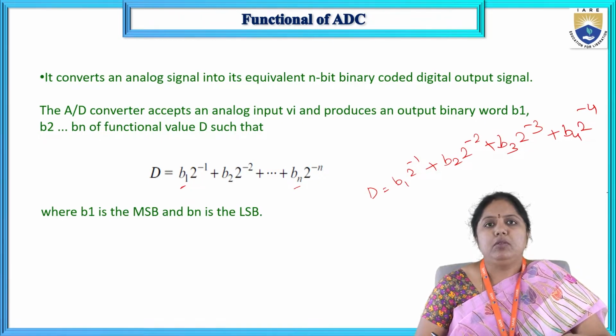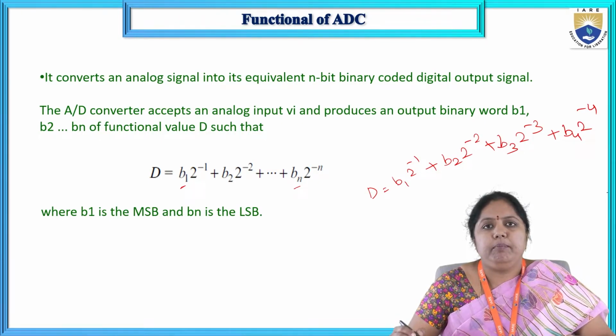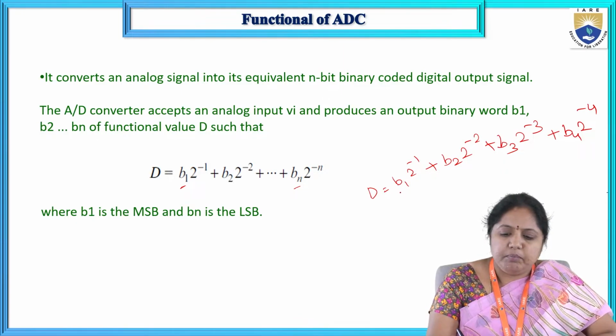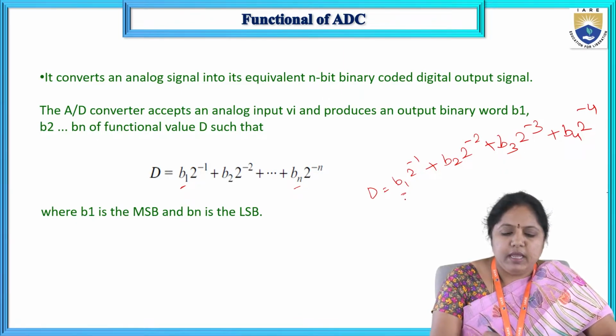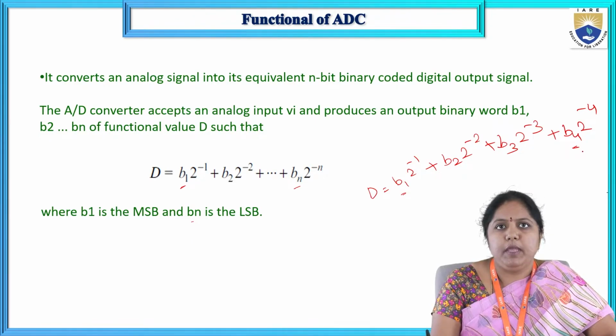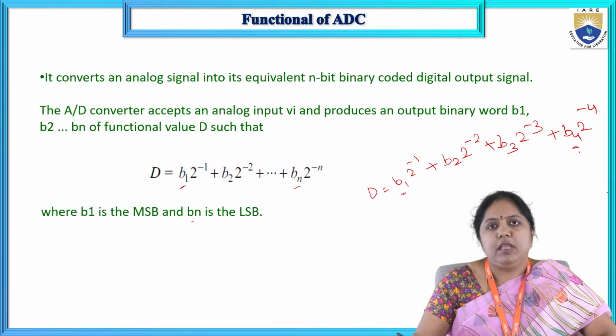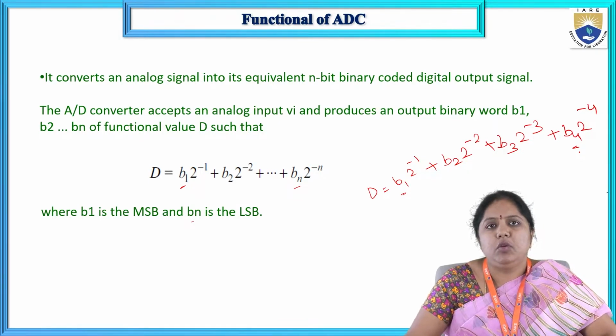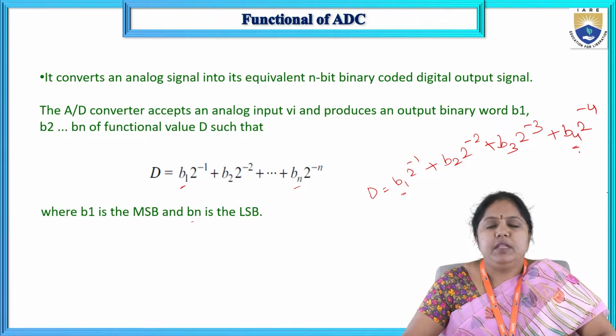So based on the number of binary bits, the D expression can be written like this. B1 is the MSB bit and B4 here is the LSB bit position. Now let us see the block diagram and the circuits which will realize this analog to digital converter.